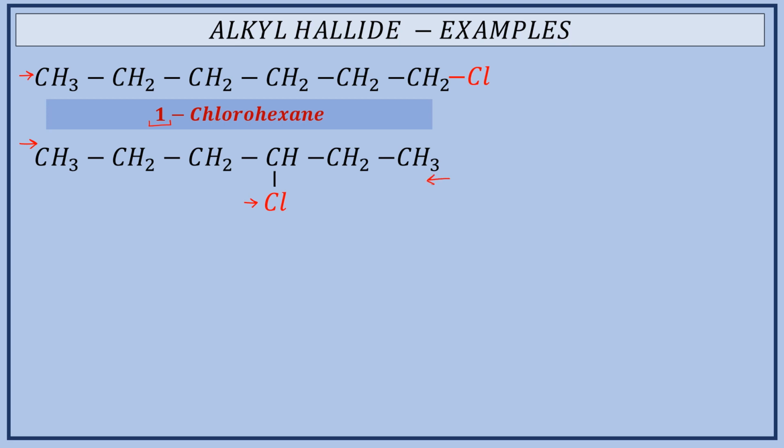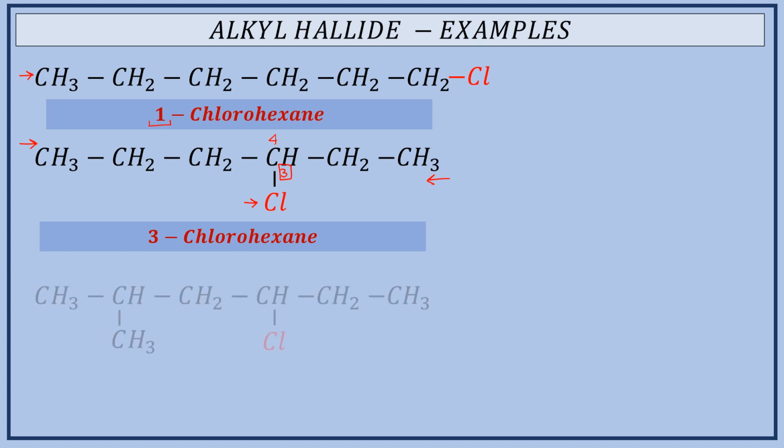We will choose that direction which gives the chlorine atom the lower position. If we number from left to right, it will have the fourth position. On the other hand, from right to left it will have the third position. So we will choose the lower value of these two positions. It will be named as 3-chlorohexane.